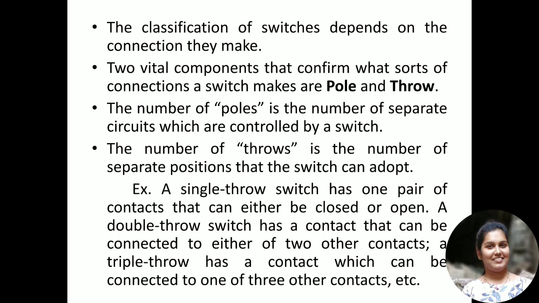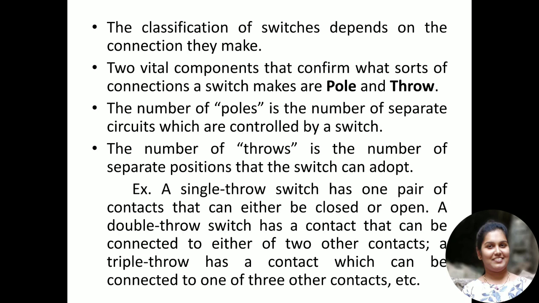So we say it is a single pole, and the number of throws will also be one, as the number of positions is either on condition, otherwise it gets back to its off position. That's all. Other than that, it does not go into any other position.